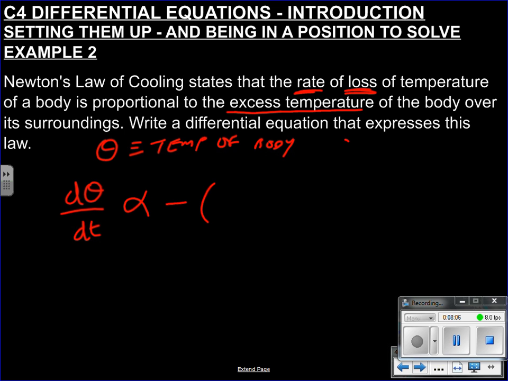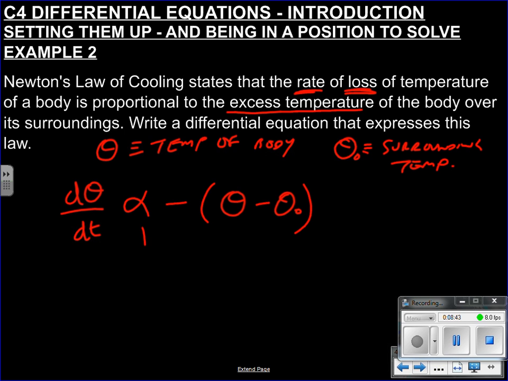So if we say that the surrounding temperature is constant, and that's one deficiency of the model, because of course if I'm losing temperature, then the surrounding temperature is going to increase marginally, but such a small amount, probably very negligible if I was in a sports hall or something like that. So theta 0 is a constant in this case, and we'll call that the surrounding temperature. Then surely the excess temperature is my temperature minus the temperature of the surroundings.